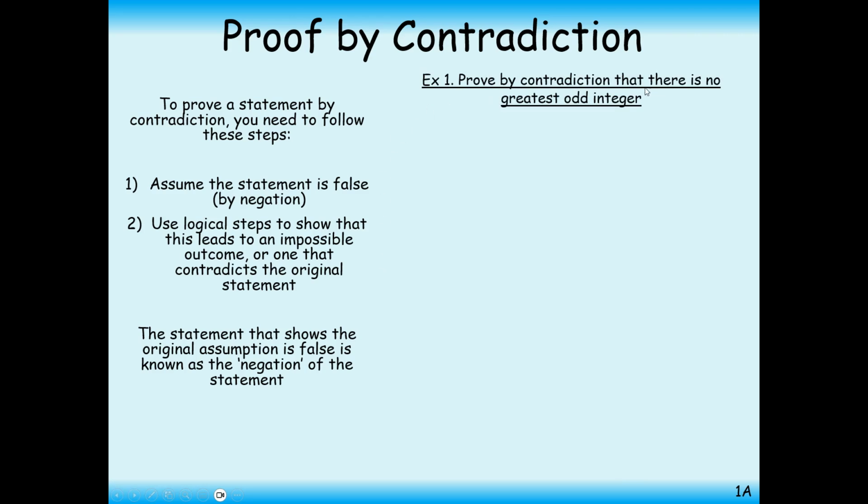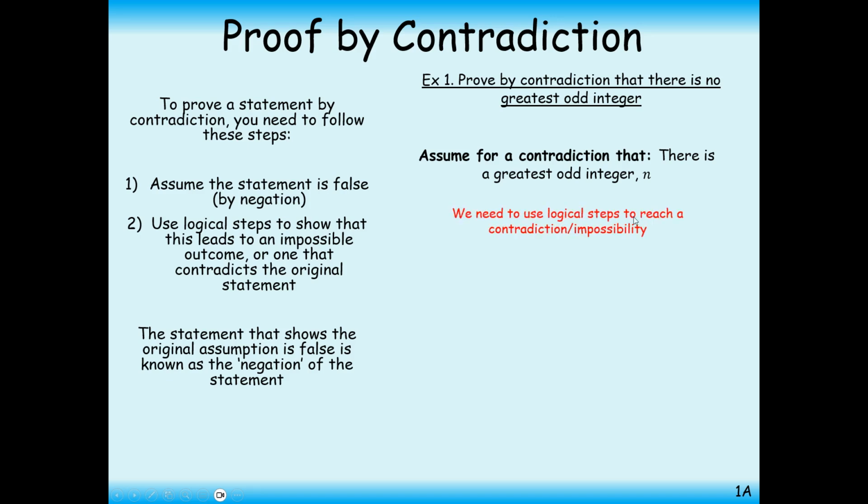It says prove by contradiction that there is no greatest odd integer. So for a contradiction, we assume that there is a greatest odd integer. We're going to call this integer n. Then we will follow the logical steps to show that there is an impossibility, a contradiction.